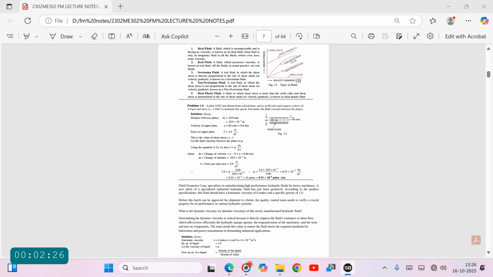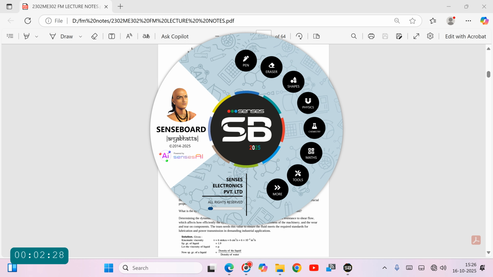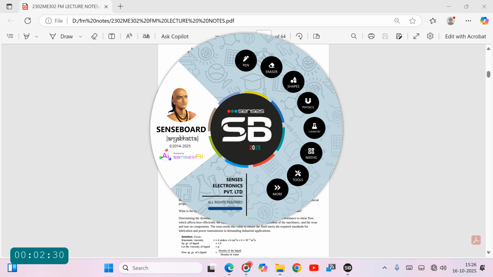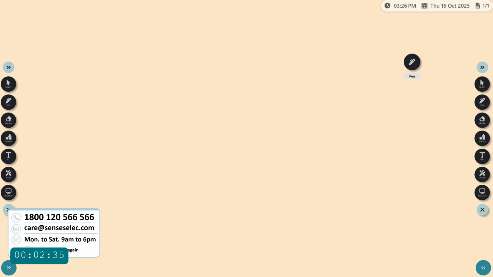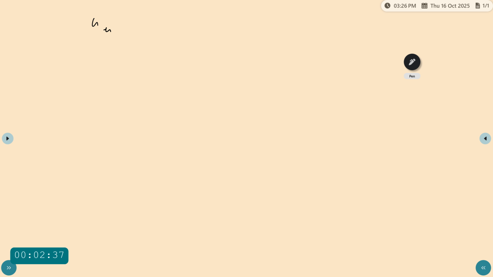What is the given data? The distance between the plates is given as 0.025 mm, or 0.025 into 10 power minus 3 meter.